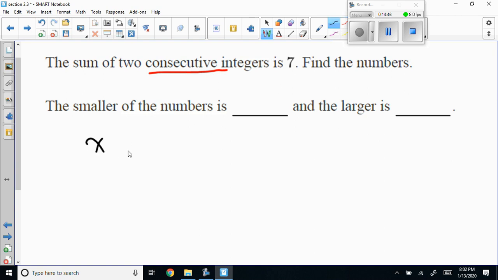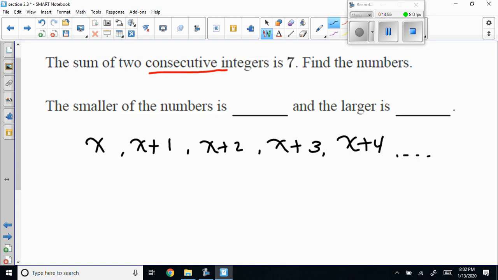So x plus 1, x plus what? x plus 2, x plus 3, x plus 4. Y'all ever heard of sequences or series? This is a series, right? You give me a value for x, and I can find the consecutive numbers after, right?